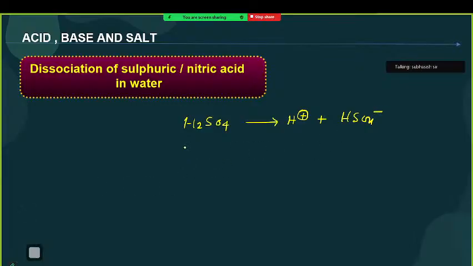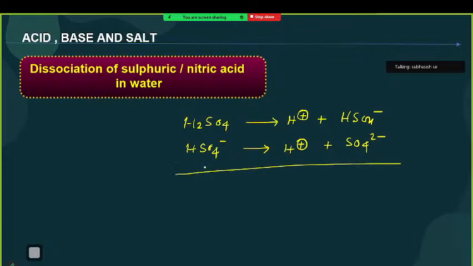HSO4 minus. Now in the second step, HSO4 minus again dissociates with the formation of H plus and SO4 2 minus. So after adding these two, H2SO4 gives 2H plus and SO4 2 minus.